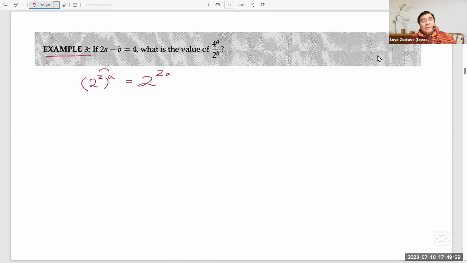So now let's reformulate the expression. It's 2 up to 2a over 2 up to b. Now you have a division of two powers of the same base again, so you can apply the property and say that 2 up to 2a minus b, right? You subtract this exponent and this exponent. This is the result of this division.